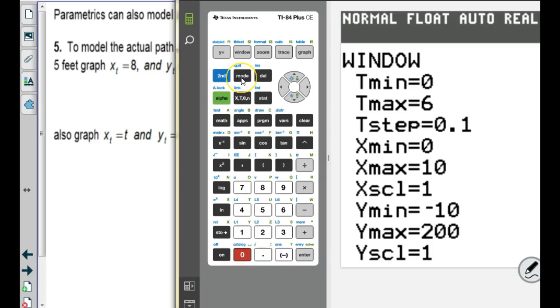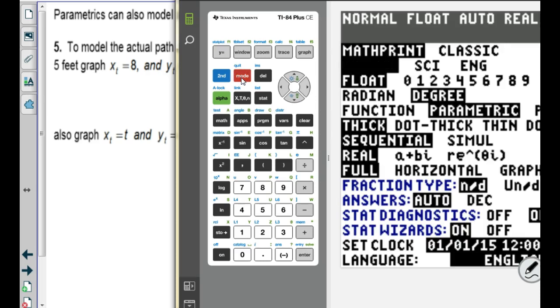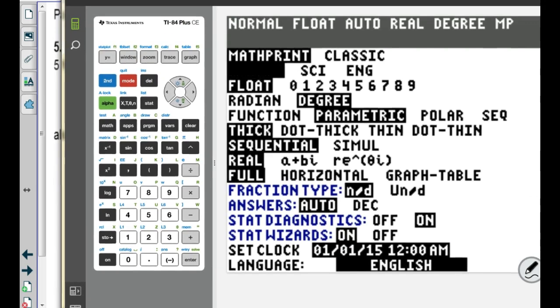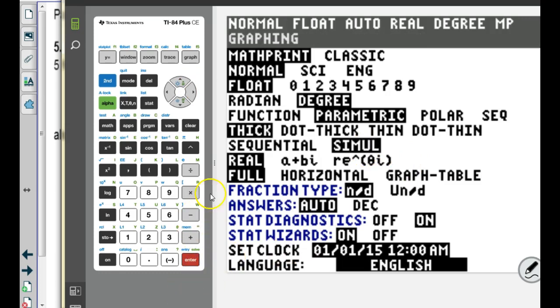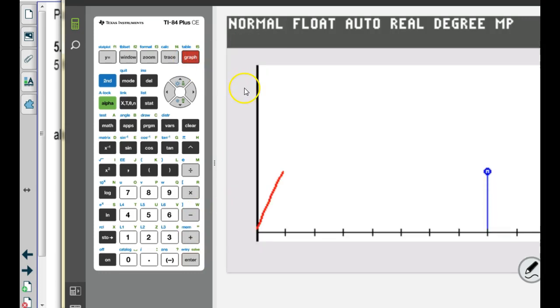I'm hoping mine is in simultaneous. If you go to mode, the only thing that really makes this fun is if you go down here and switch to simultaneous instead of sequential, and then hit graph.